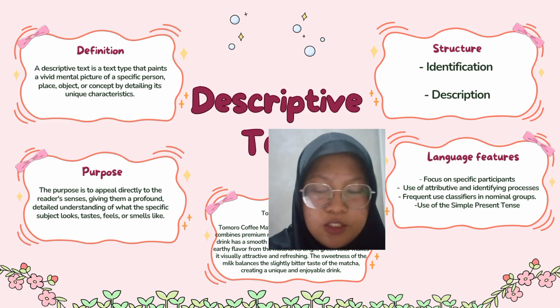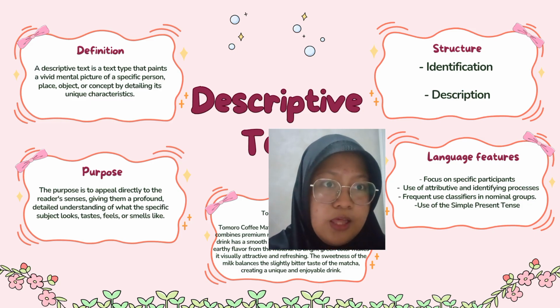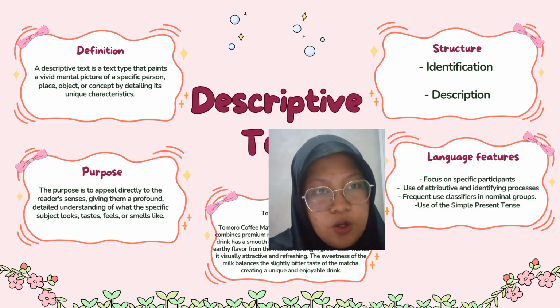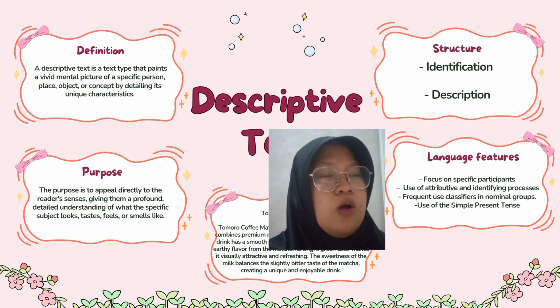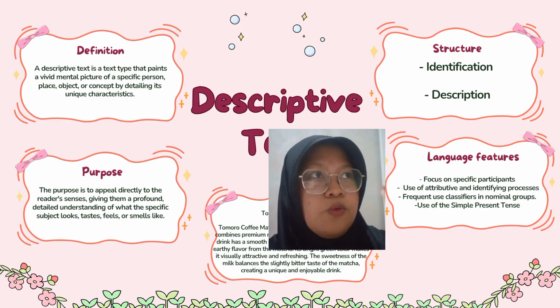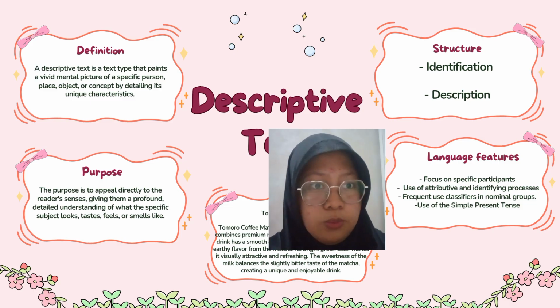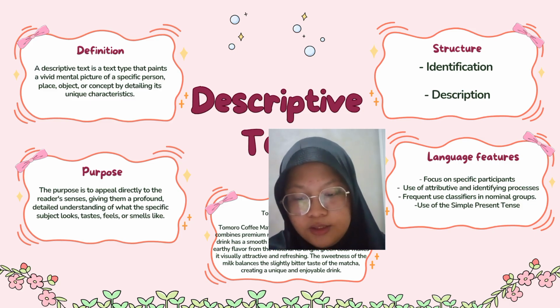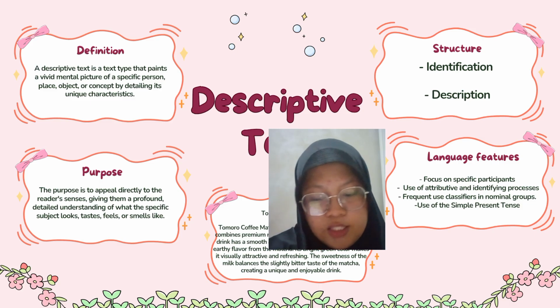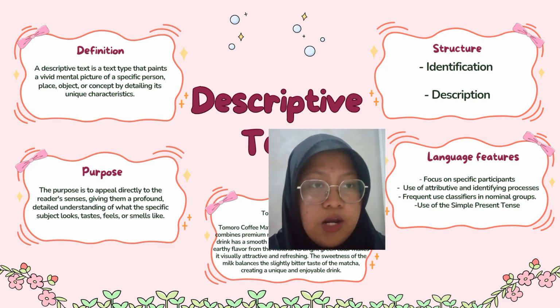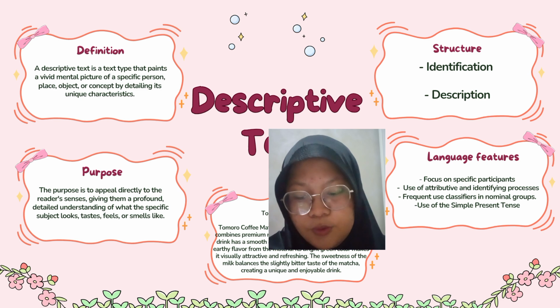A descriptive text uses language features such as focus on specific participants, like it only focuses on one certain thing to describe. For example here, Tomorrow Cafe matcha latte. It uses attributive and identifying processes, frequent use of classifiers in nominal groups, and uses the simple present tense.